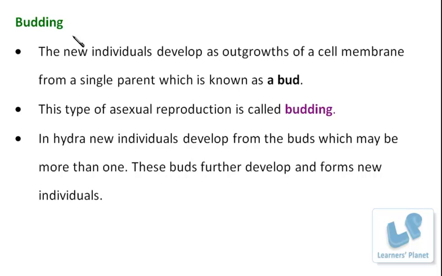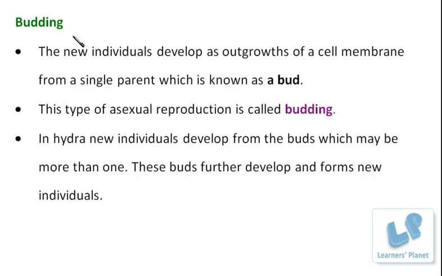It is an asexual mode, but it is common in multicellular organisms. In multicellular organisms, I already told you that they may be some organized form like Hydra, or they may be organisms which are living together in colonies. So I will explain from both aspects.